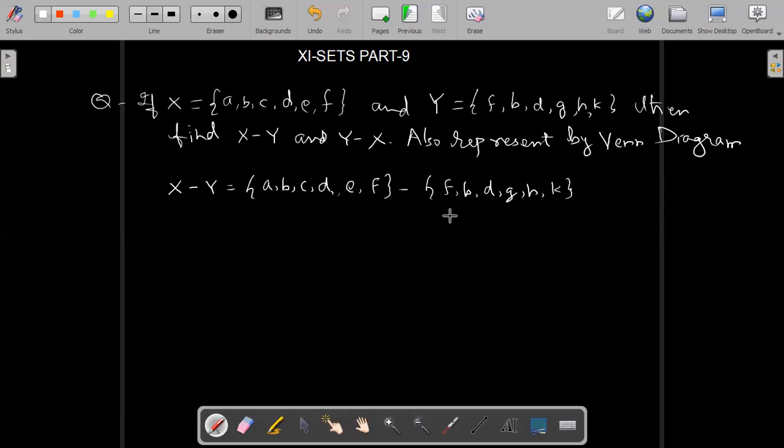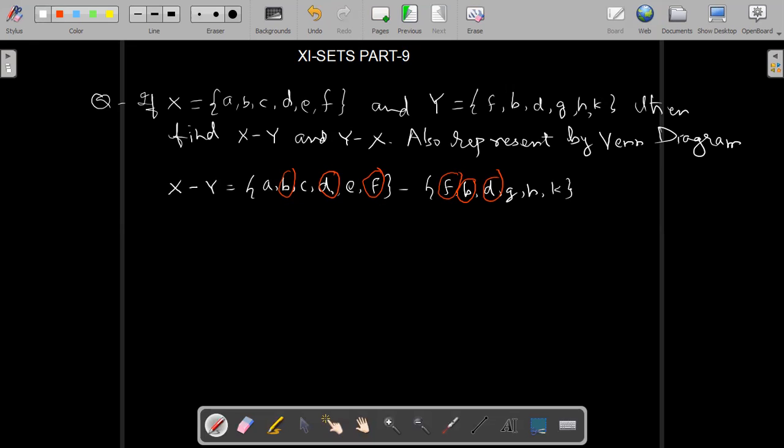Now we have to subtract the elements of Y from X, whatever is common. So F is here, F is here, and B is here, so B will be subtracted. D, D will be subtracted. G is not here, H is not here, K is not here. So what will be the left out elements will be A, C, and E.